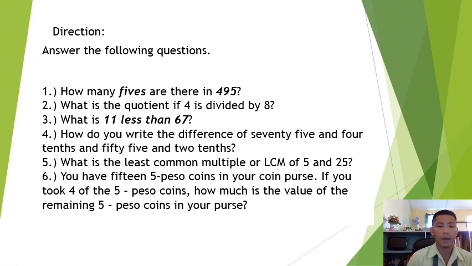What is the LCM or least common multiple of 5 and 25? Number 6. If you have 15 5-peso coins in your coin purse and you took 4 of the 5-peso coins, how much is the value of the remaining 5-peso coins in your coin purse? Okay, start answering.